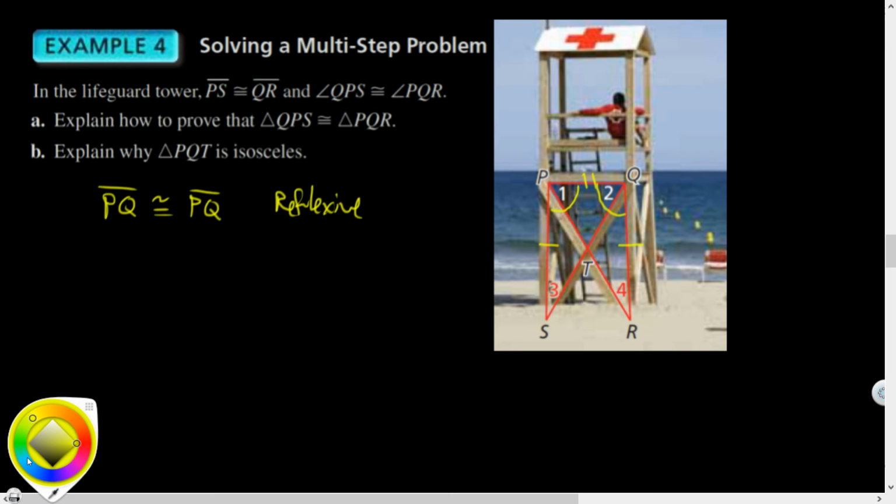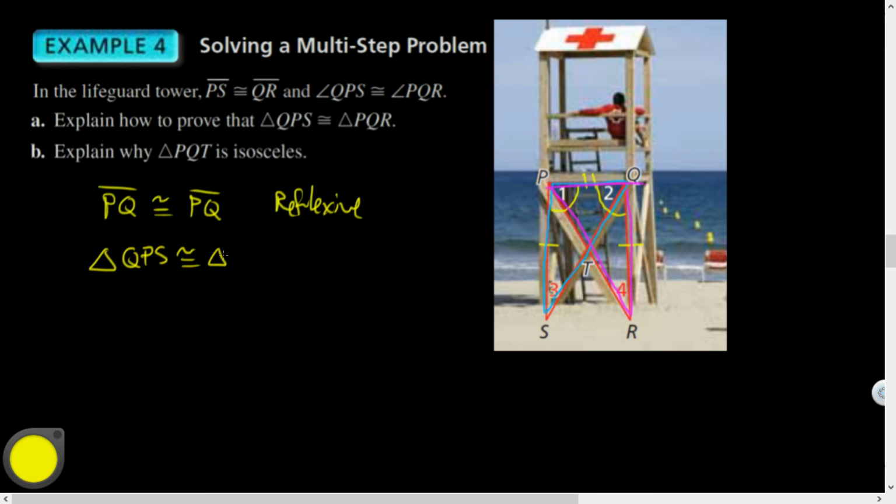And this is a little bit weird to see because these triangles are kind of overlapped in an irregular way, right? But notice I do have side angle side for that one, and side angle side for this one. So I could actually prove that those triangles are congruent. So triangle QPS is congruent to triangle PQR by side angle side.